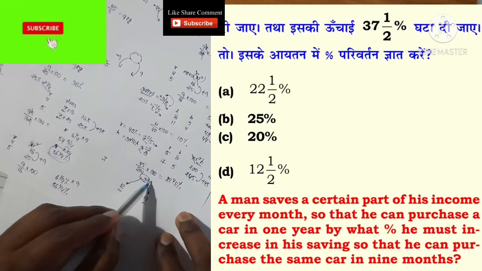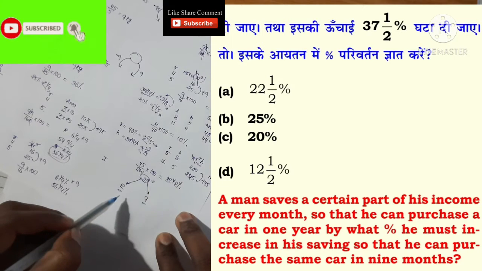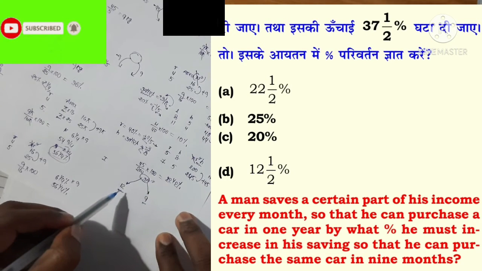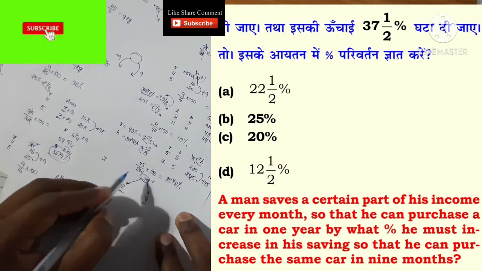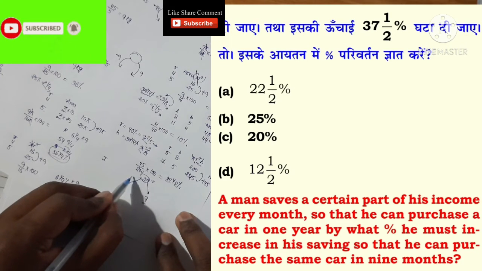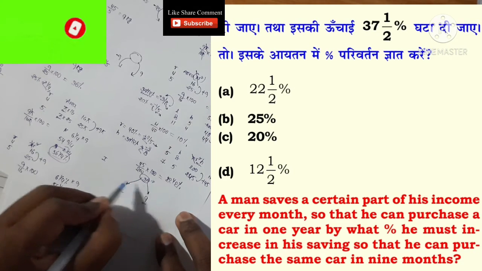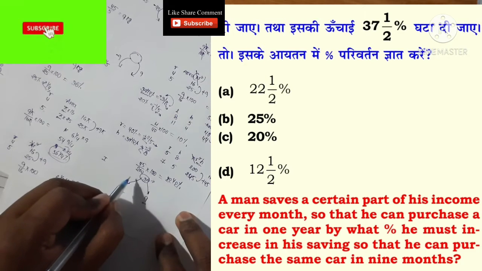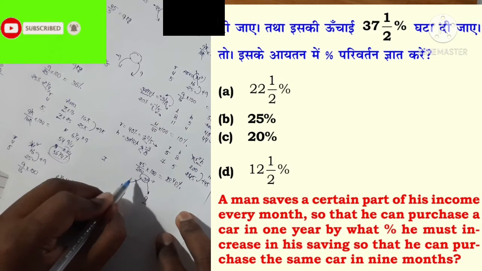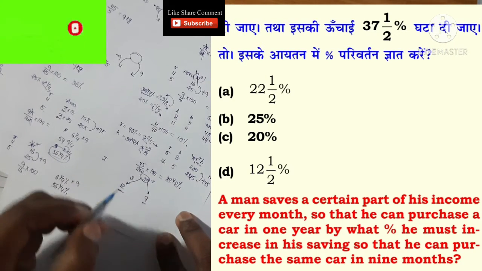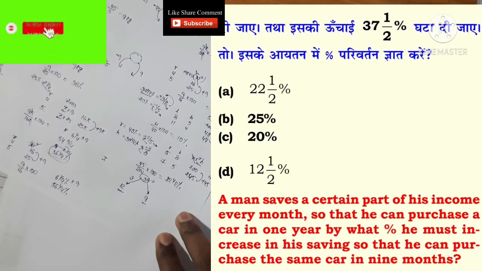So total amount is 36 in 12 months. For each month we can get 36 by 12.